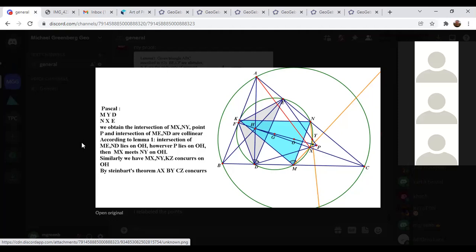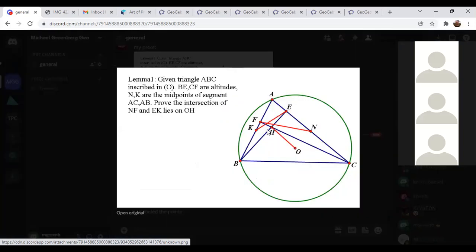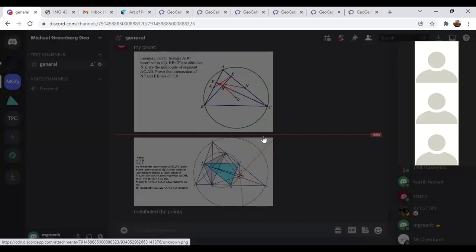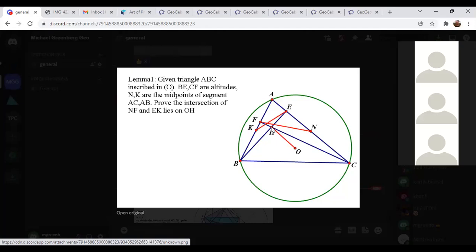so what do we use about O and H in particular? Could it have been true with any isogonal? Well, they give us the point on OH so that we can use Pascal's theorem to prove MX, NY, and KZ are concurrent.